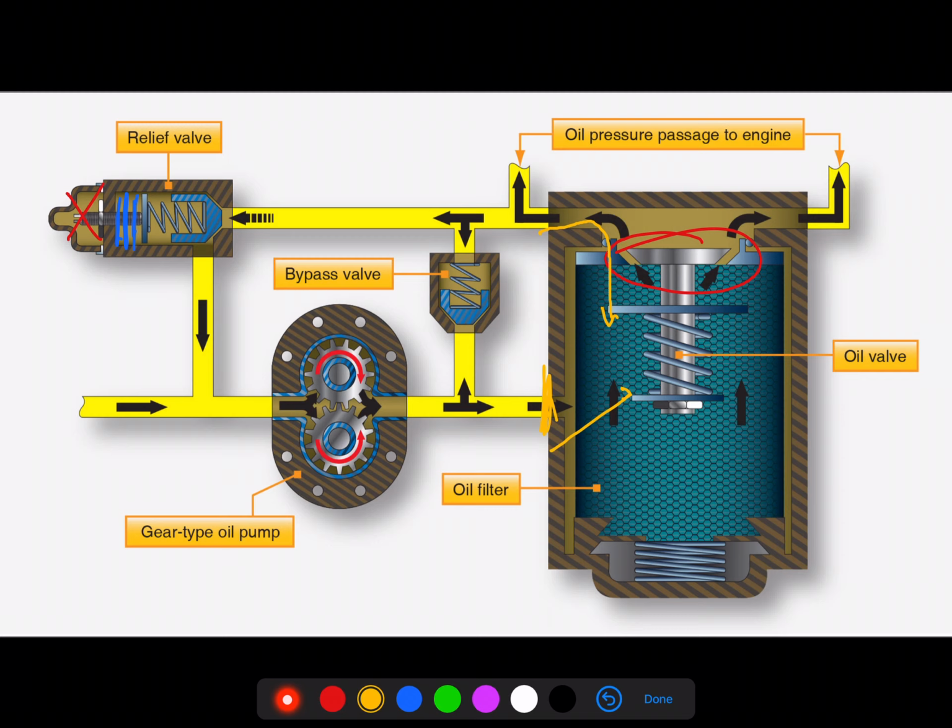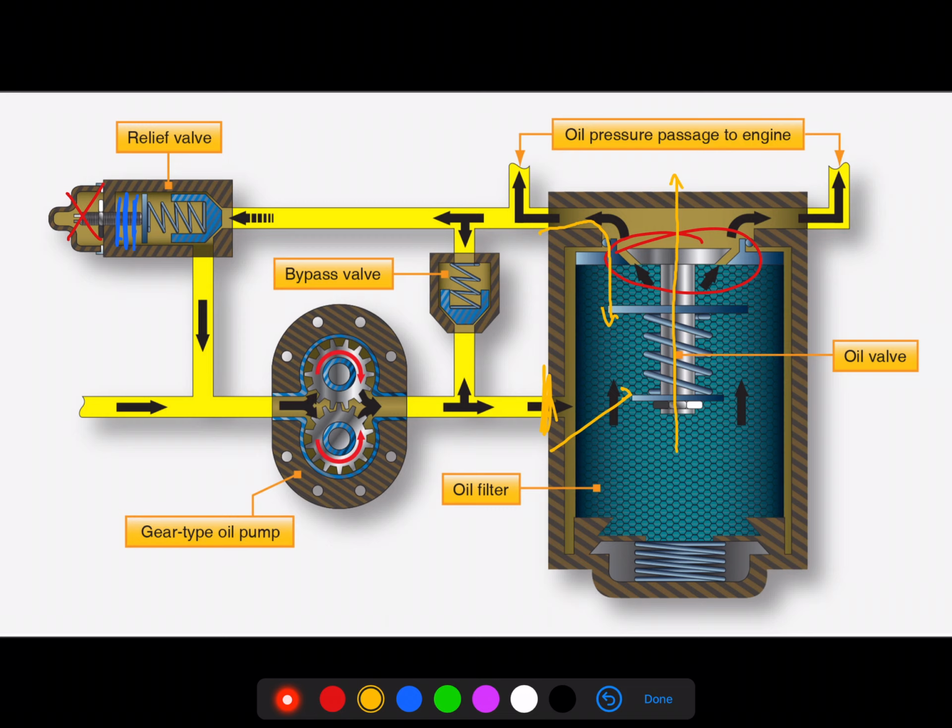That will bring the oil outside of the filter element and force it through. Then when it's filtered, it is going to be forced up through a threaded portion that connects down to the oil galley that's on the engine. This is most typically what we see with spin-on filters and commonly what we see with cartridge-style filters as well.